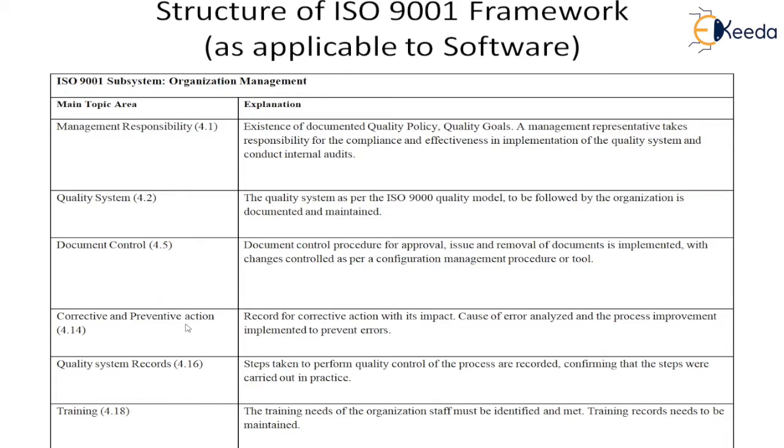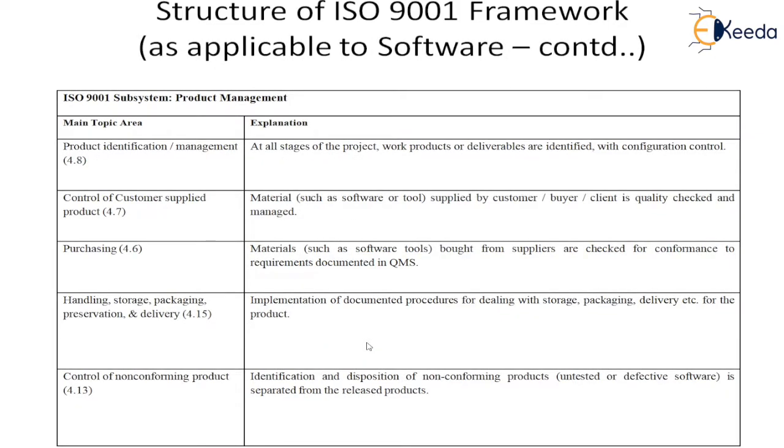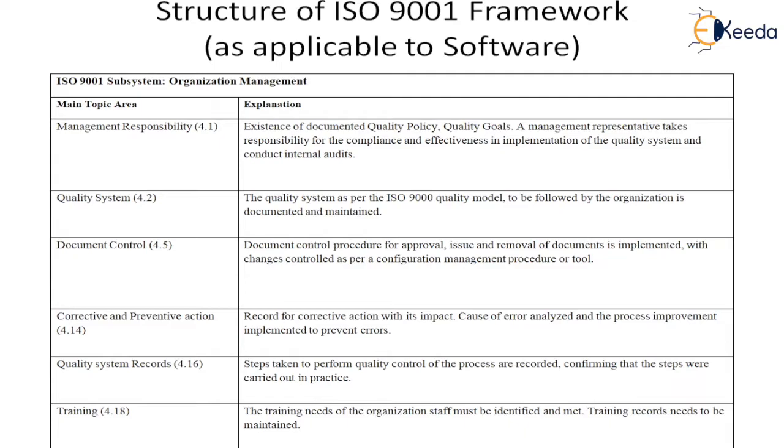Then you have corrective and preventive action: how to deal with any defects, how to take care of the corrections, how we will analyze the cause of the error, and how to take preventive measures so that errors don't recur.